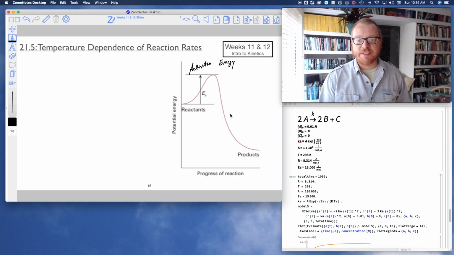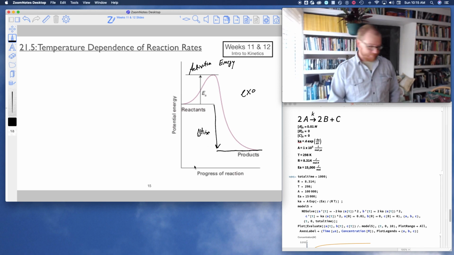And here what you can see in this reaction, this is an example of an exothermic reaction. And the reason why I know that's an example of an exothermic reaction is because if I look at the potential energy of my reactants and the potential energy of my products, right, I can see overall that would give me the delta H of the reaction. Okay?